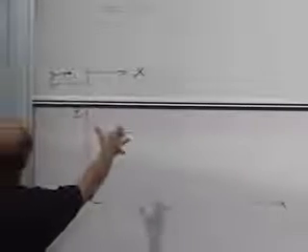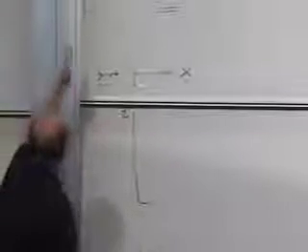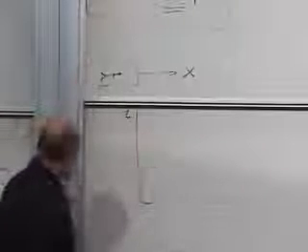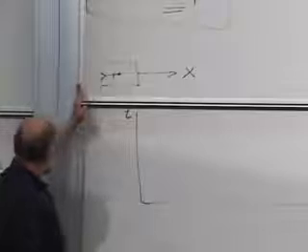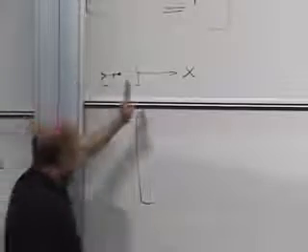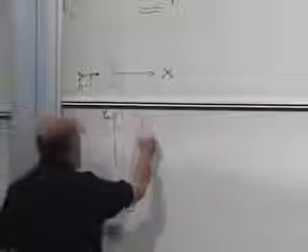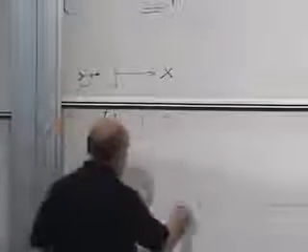Me standing on the outside, and I have a coordinate which I measure by meter sticks, and I might measure it from right over here, 1 meter, 2 meters, 3 meters, 4 meters, and so forth. All right, so that's my frame of reference, and I call my coordinate x, and here are the ends of the meter sticks.